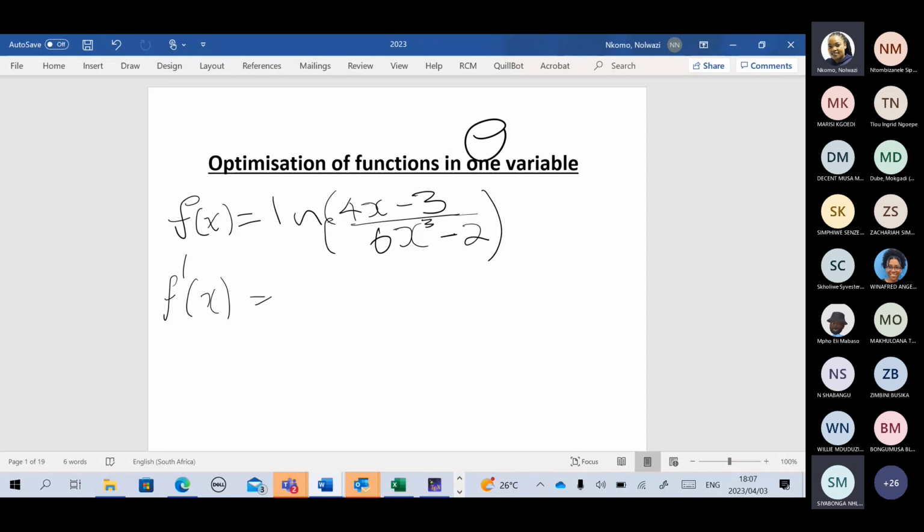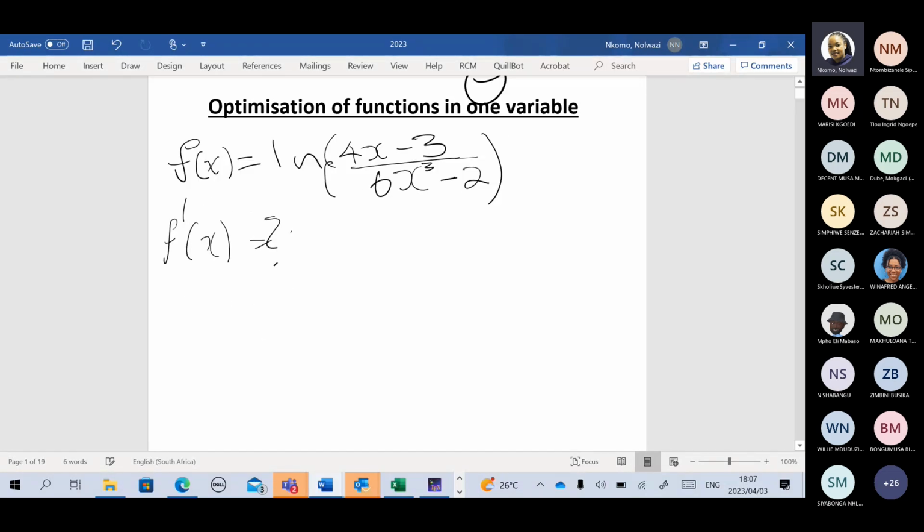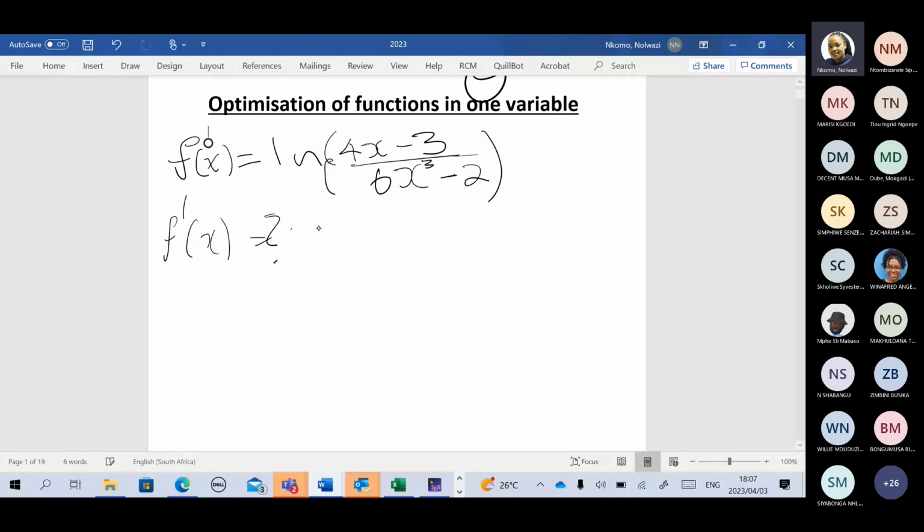I'll let our inner function be u, so u equals (4x minus 3) over (6x cubed minus 2), right? Then I'll let the outer function be v.